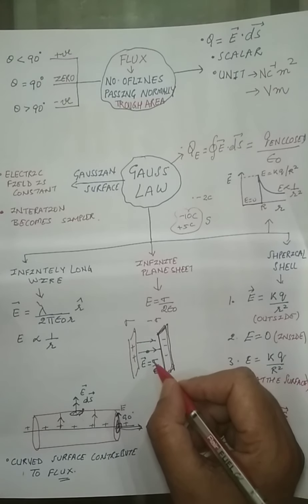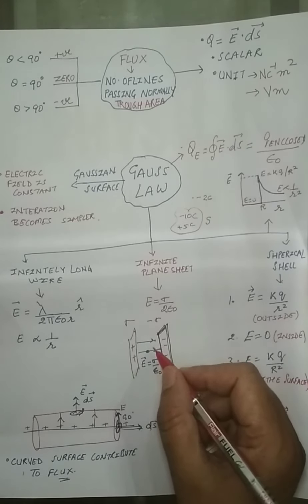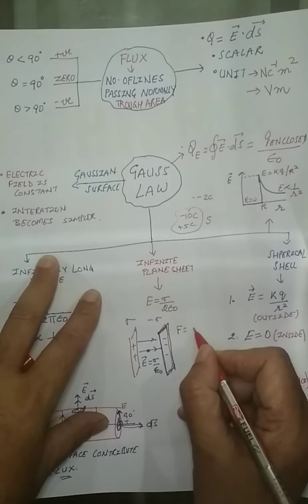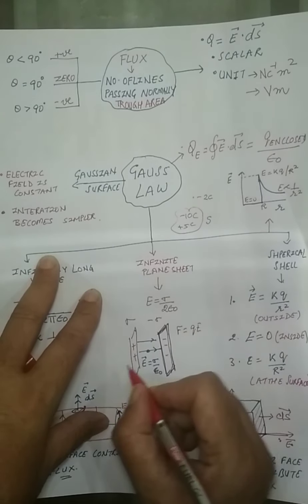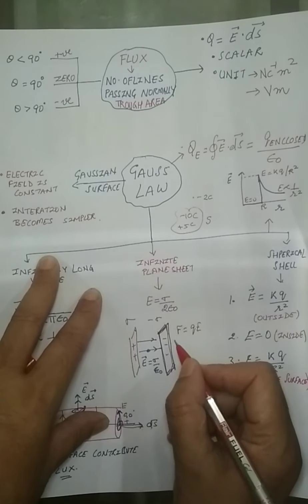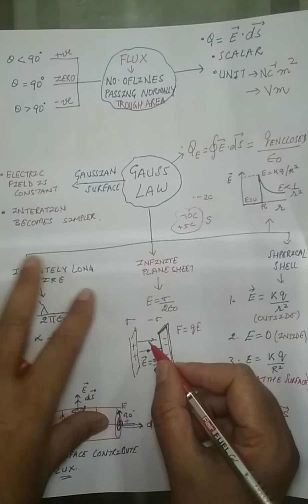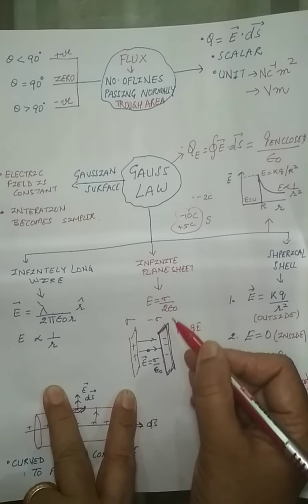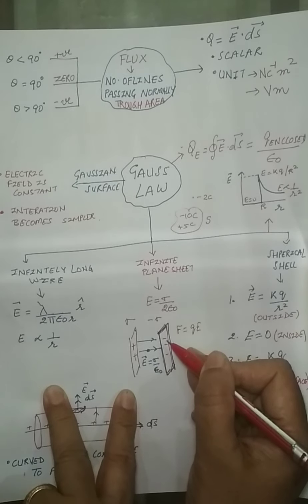If a proton is placed between the two plates, what force will it experience? It will experience the force F is equal to Q into E, so it will move towards the negatively charged plate, and the electron will move in the direction opposite to the direction of the electric field. And as you can see, the field is constant, it does not depend upon r.